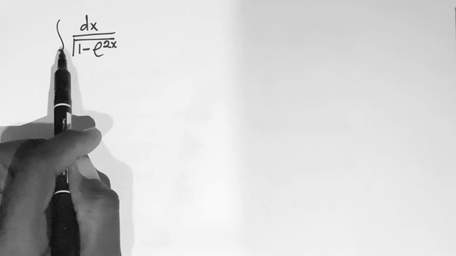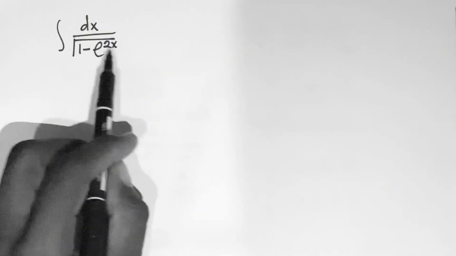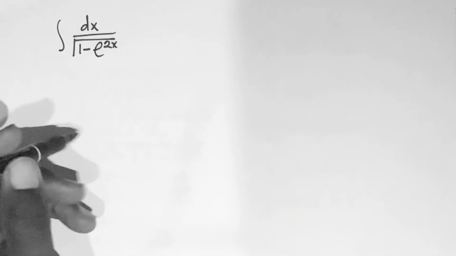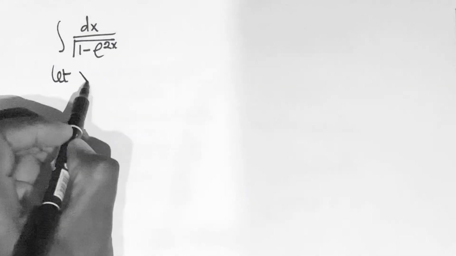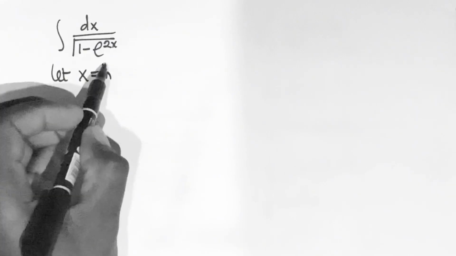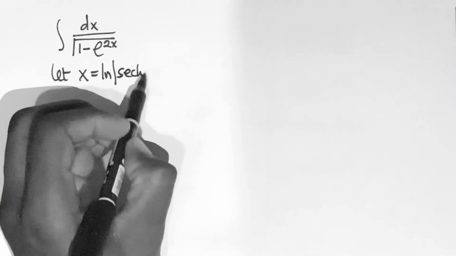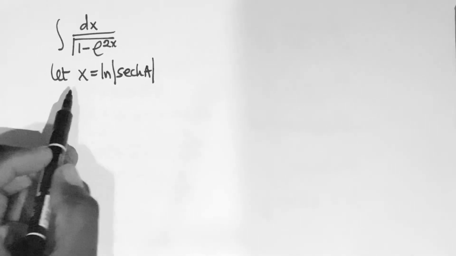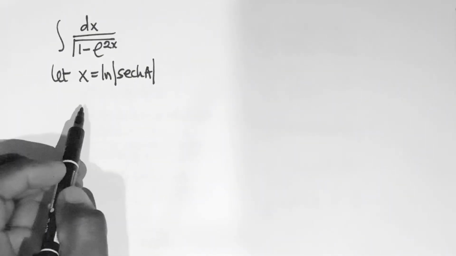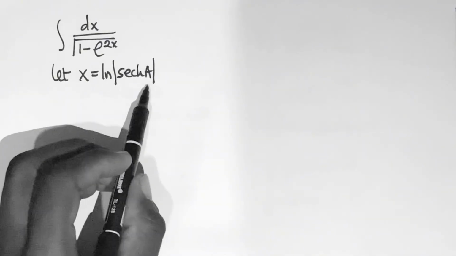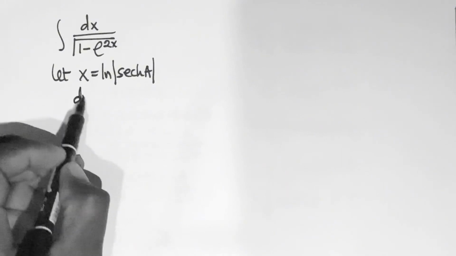Evaluate integral of dx divided by square root of 1 minus exponent 2x. So what we will do is let x be equal to natural log of absolute value of sec A. Now you will get the reason why I am doing this substitution soon. So having done the substitution, what is dx?